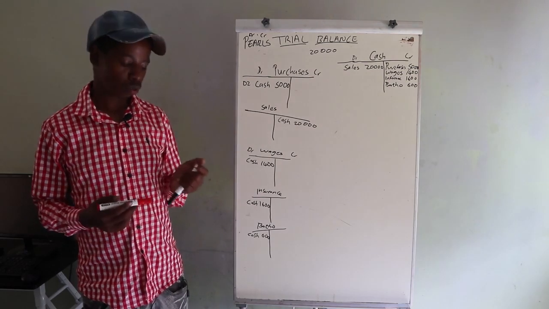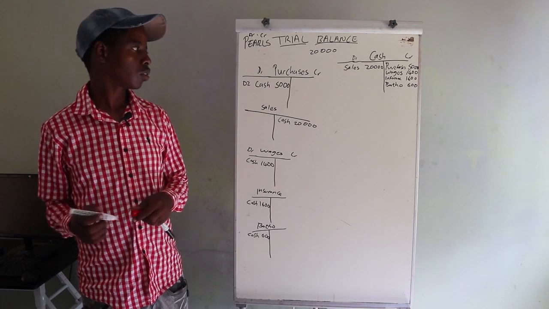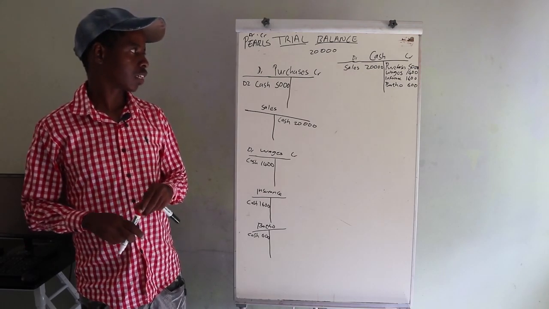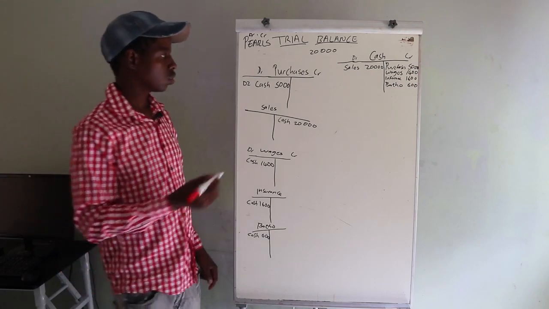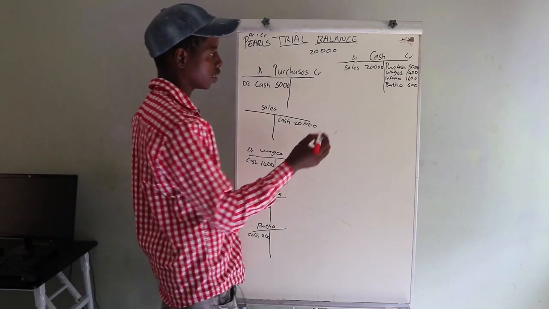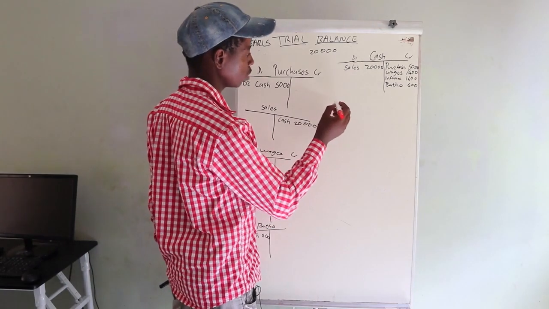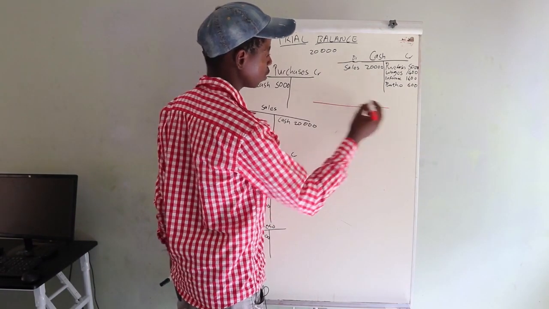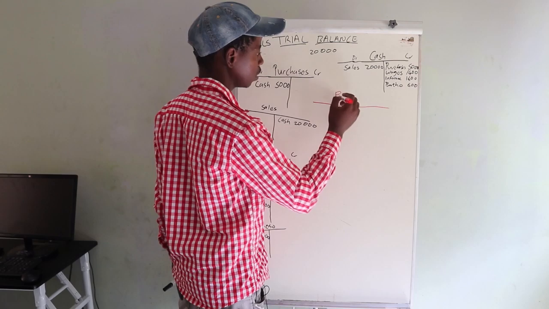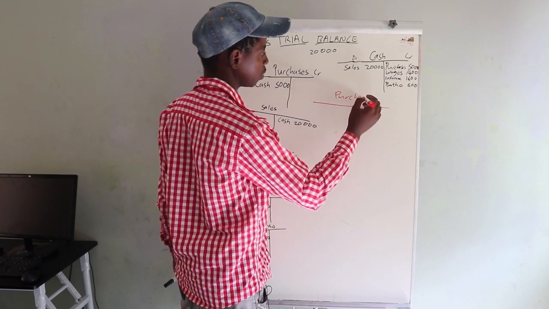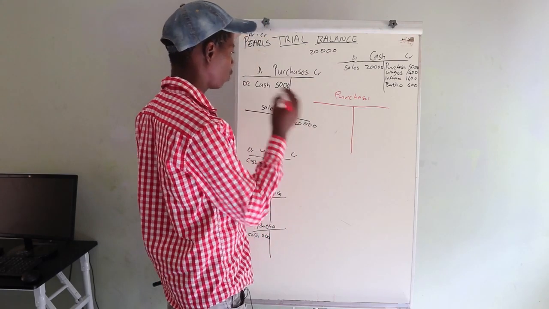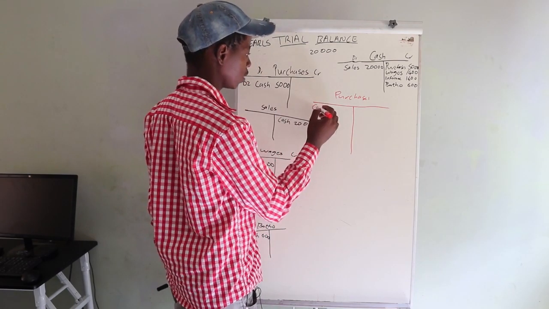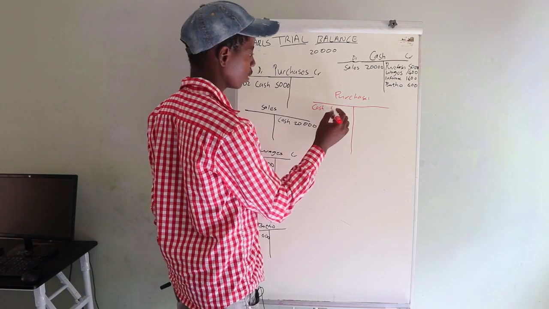Now we are going to balance the accounts, right? We are going to start with purchases, right? So in order to balance the purchases, let me draw something big. Let's say this is the purchases account. Then we had cash, right, 5,000.